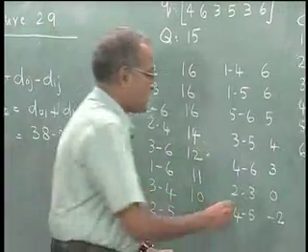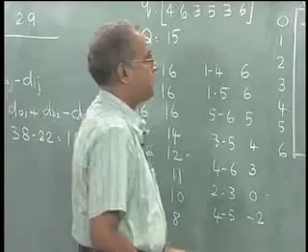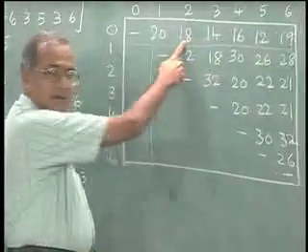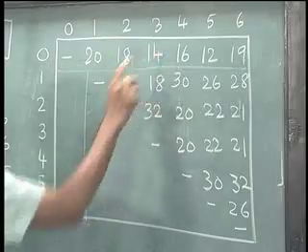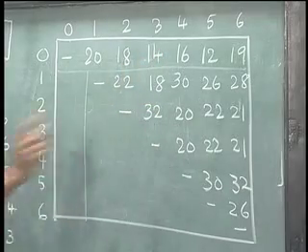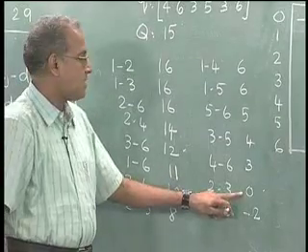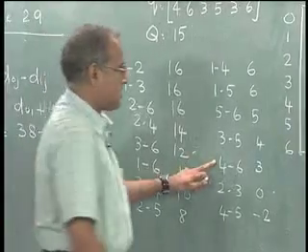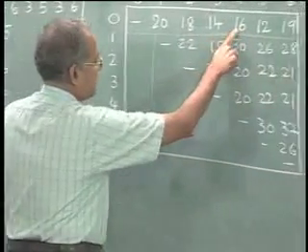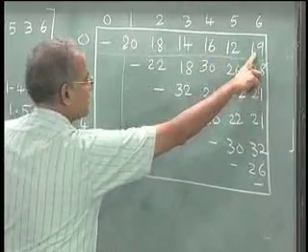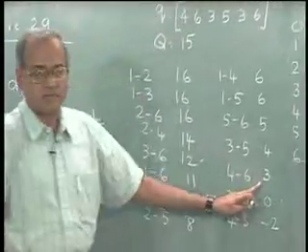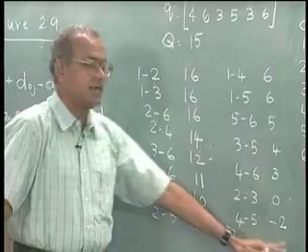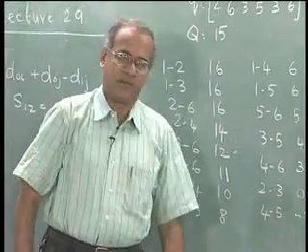Let us quickly check for 2 3: d02 is 18, d03 is 14, which is 32, and d23 is 32, which gives us 0. Let us do it for 4 6: d04 is 16 plus 19 is 35, 35 minus 32 is 3. So, this way we have calculated the Sij's and we have kept it here.